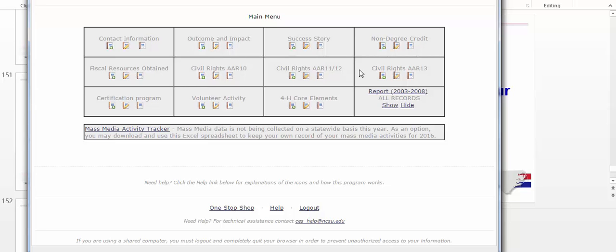Contact information and civil rights reports are both federal reports. Certification programs as they occur, volunteer activity as it occurs, or a lot of people at least do them monthly just to keep track of it, and 4-H core elements as they occur.